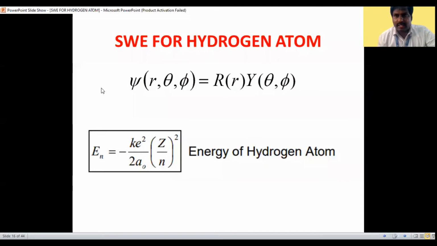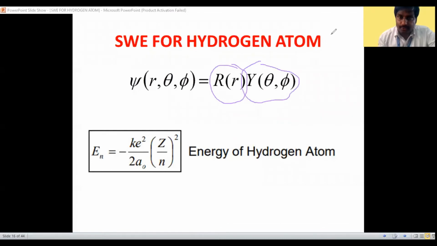Okay, here capital R of small r is a radial wave function, and Y of theta, phi is an angular wave function. Okay, the solution of the Schrodinger wave equation for the hydrogen atom, that is the wave function, has two parts. One is the radial wave function and another one is the angular wave function.